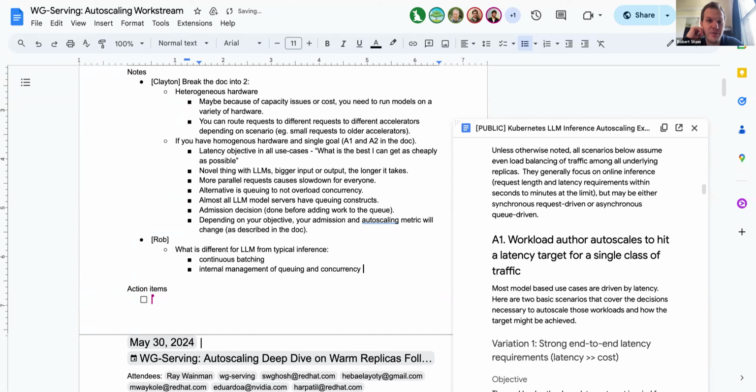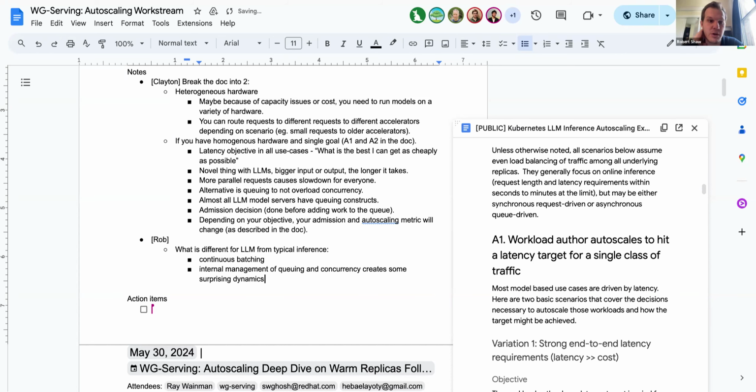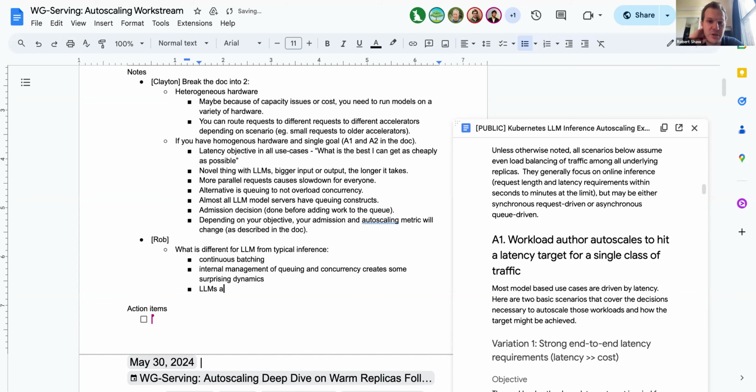LLMs are a memory bound workload from a GPU perspective, and so as you add more and more requests, you typically don't see much of a hit on the inter-token latency when you go from one concurrent request to 16 or 32 concurrent requests.